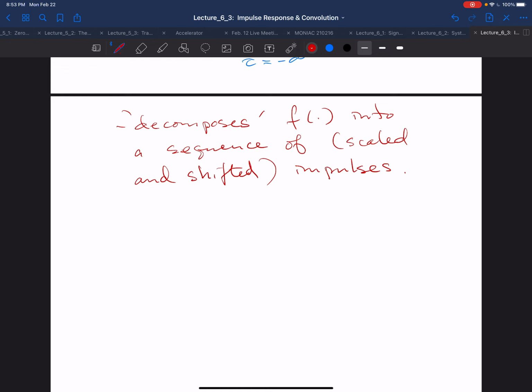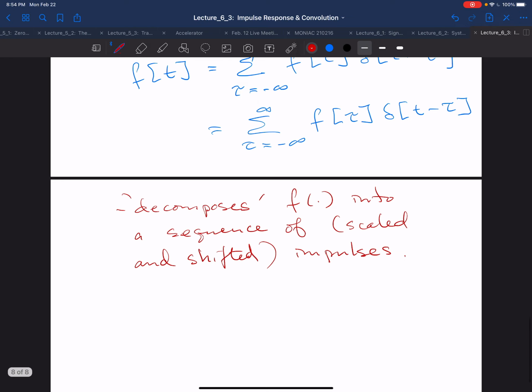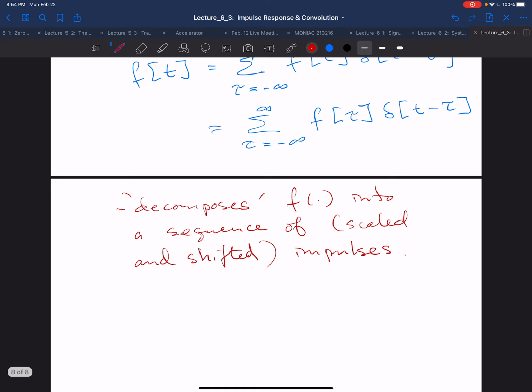Now, this sum is just a big linear combination. So given that we are talking about linear systems, if we want to find the response of a linear system to this input f of t, according to this equation, it suffices to find the response of the system to each of these impulses.